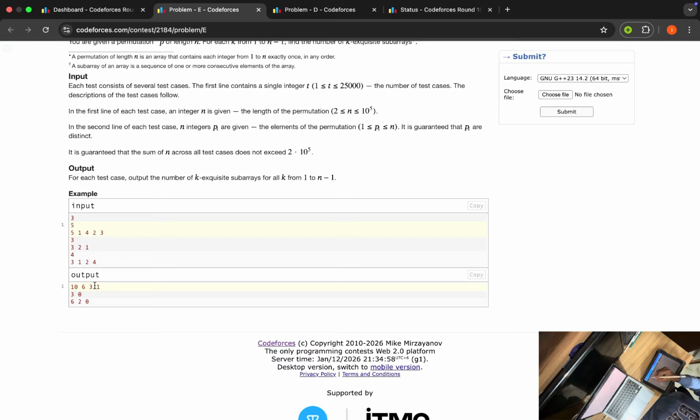Yeah, I think that's the way of solving it. So let's see a good example. 3, 1, 2, 4. The difference is 2, 1, 2. Okay, the contribution is 3, 2, 1, 0.